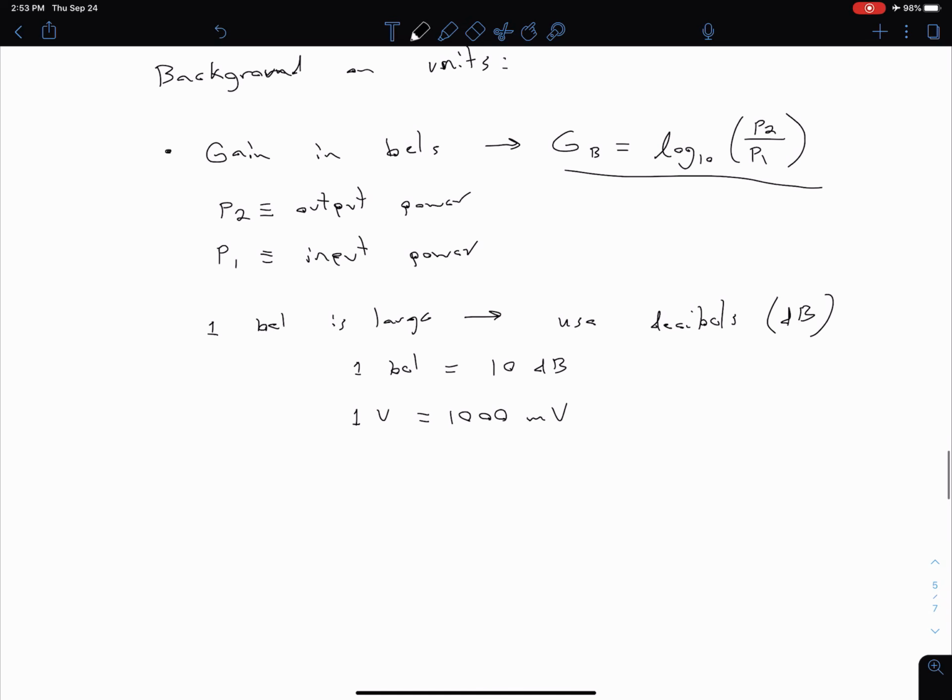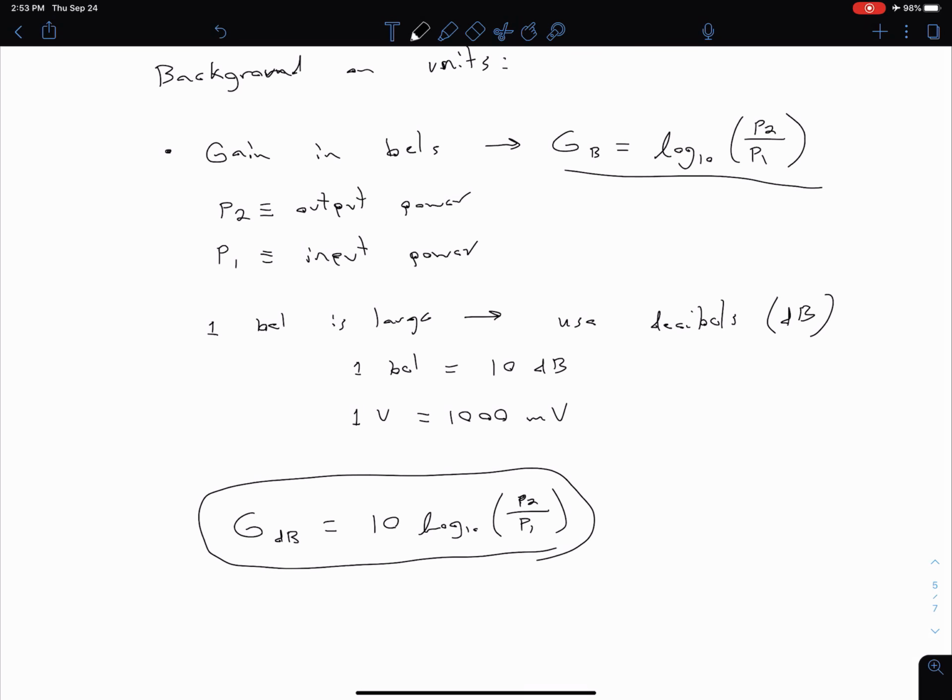If we want the same value, we just multiply it by 10. So we say our gain in decibels, dB, is equal to 10 times log base 10 of P2 divided by P1. So we just have this 10 out front now.